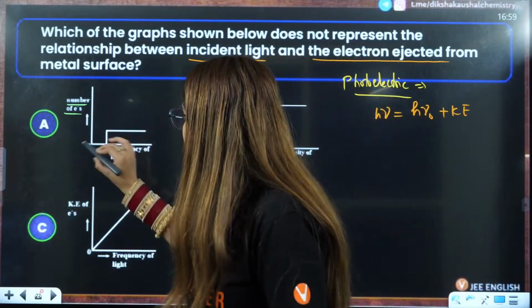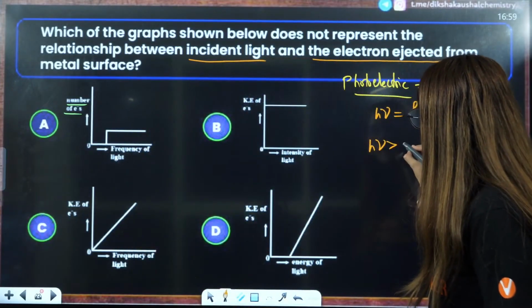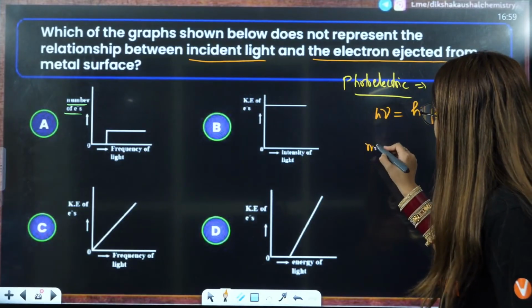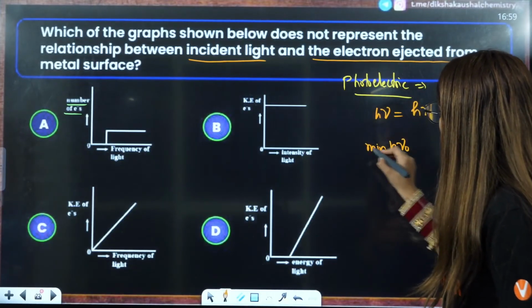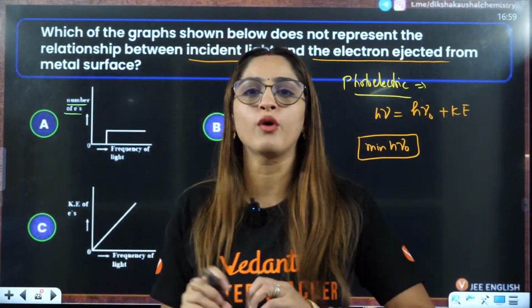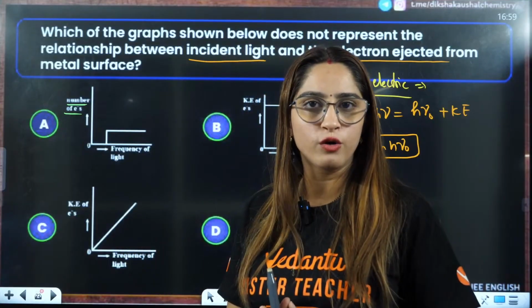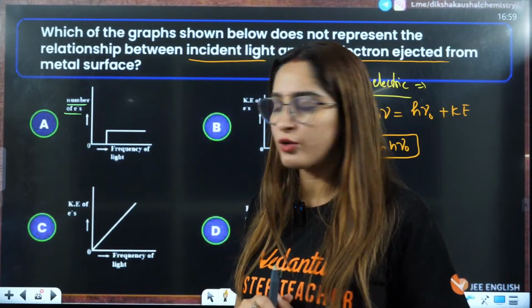So basically, we now know that a minimum frequency, h mu naught, is required. Till you reach h mu naught, there is no ejection of electron. That is why no electron we can take out here.